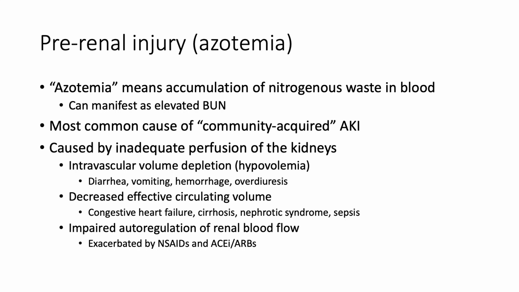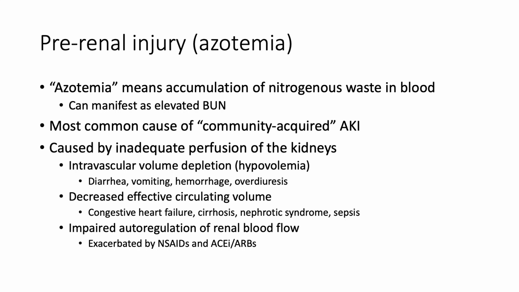Another type of inadequate perfusion comes from having a decreased effective circulating volume, which is sometimes also called decreased effective arterial blood volume. Basically, this describes the kidneys not sensing that they're getting enough blood flow, even though the patient might have plenty of blood volume.